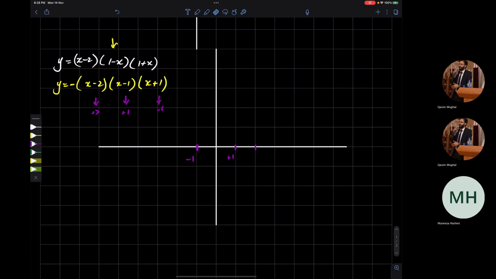So these are the 3 points where the graph is going to cross the x-axis, and the graph is going to have a negative gradient overall. So this is how the graph is going to be, like this. Got it?